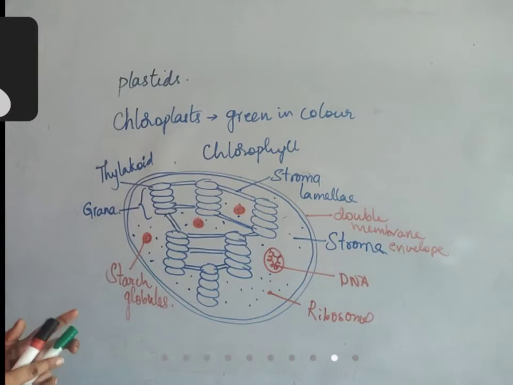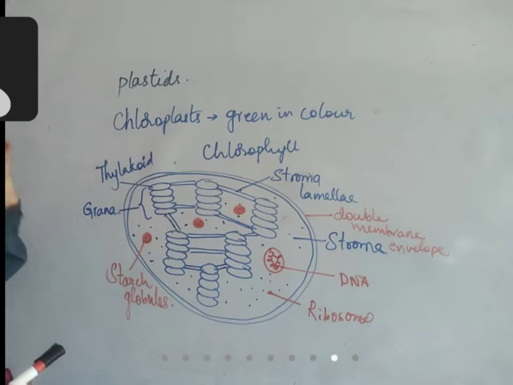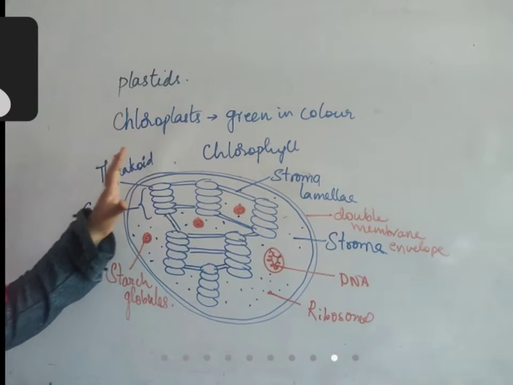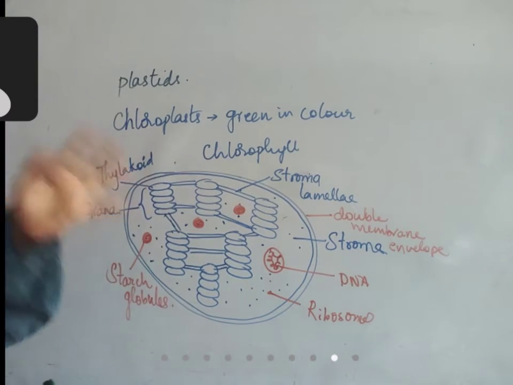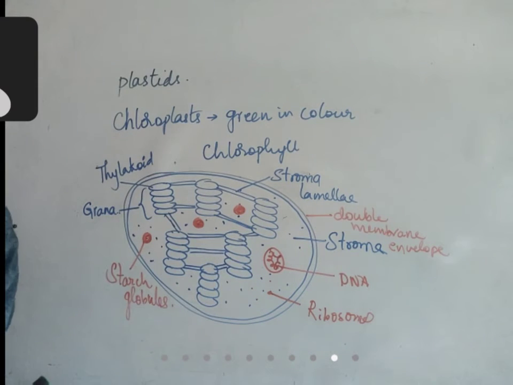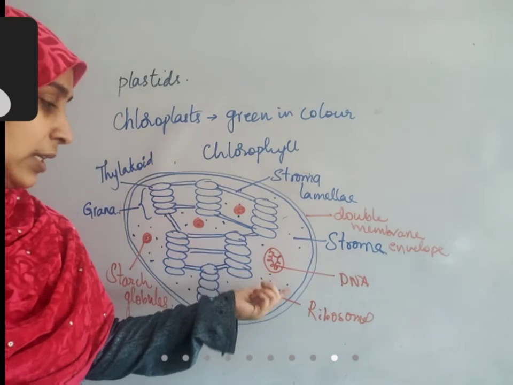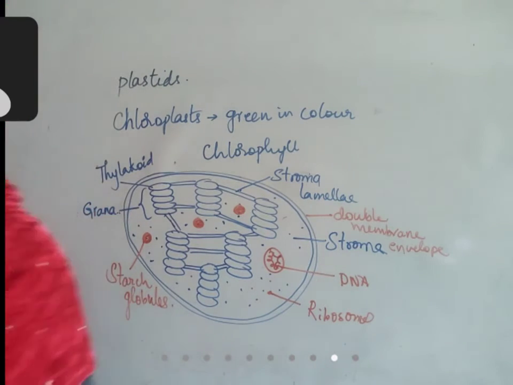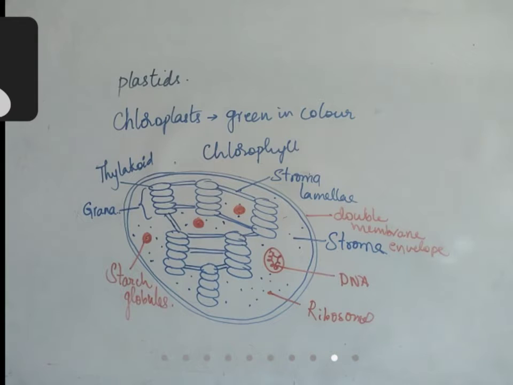The stacks of thylakoid are called grana, and grana are connected together by stroma lamellae. This entire thing is present inside the liquid matrix called stroma, and inside the stroma you can find DNA, ribosomes and some starch globules. Very simple structure of chloroplast. We'll see the function of chloroplast.